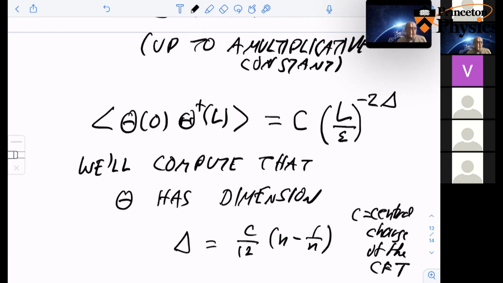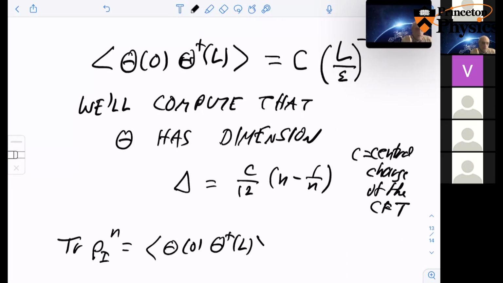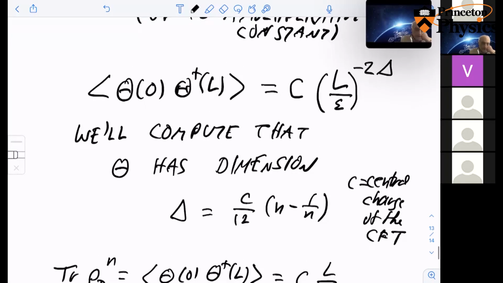And n appears because theta is bringing about this cyclic permutation of n copies. So we'll compute that in a second. But when we compute it, then we'll have the trace of rho to the n. We learned that this is rho for the interval. That's theta of 0, theta dagger of L. That's a constant times L over epsilon to the minus 2 delta.